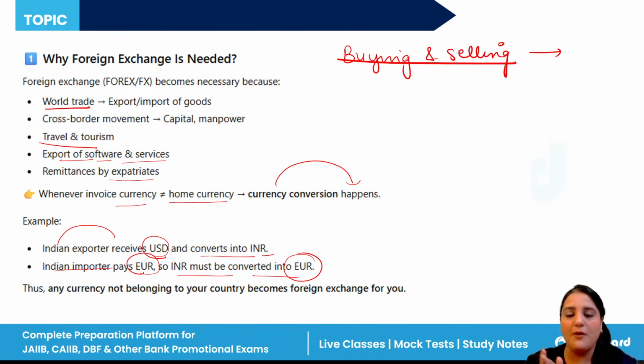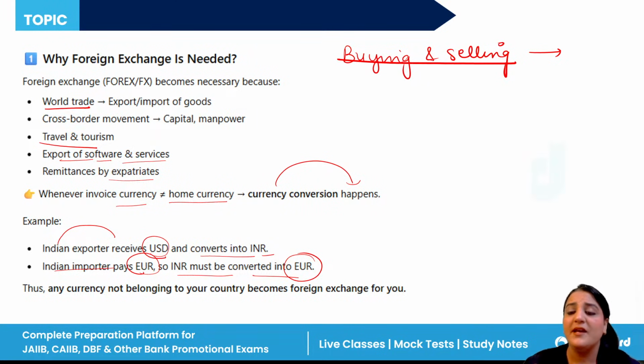If we talk about the FEMA definition, under section 2, foreign currency means deposits, credits, and balances that are payable in foreign currency, and drafts, traveler's checks, and bills of exchange that are drawn in INR but payable abroad.